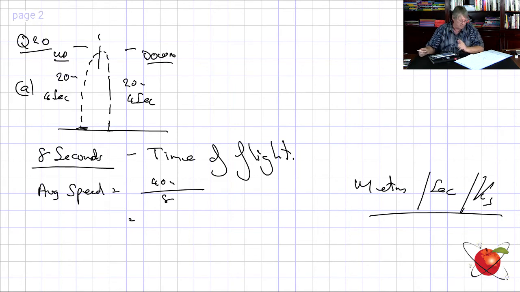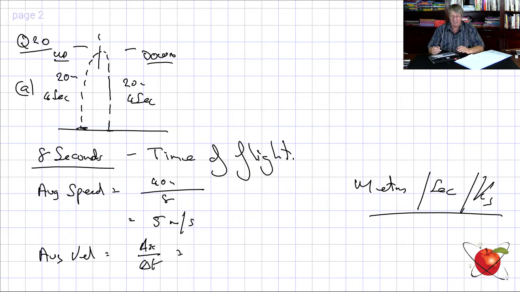So 40 divided by 8 is equal to 5 meters per second. Average velocity, delta x. What's delta x? Delta x is displacement, 0 over 8, which is 0 meters per second. So the average speed is 5 and the average velocity is 0. It's the way we are measuring it.